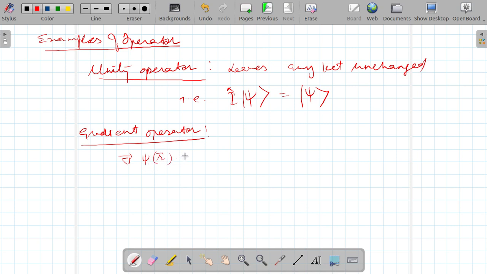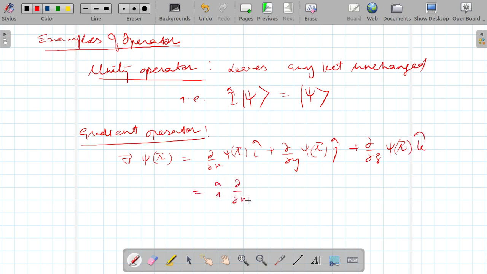So del operating over psi is the partial derivative of psi with respect to x times i cap, plus the partial derivative with respect to y times j cap, plus the partial derivative with respect to z times k cap, acting on psi of r.